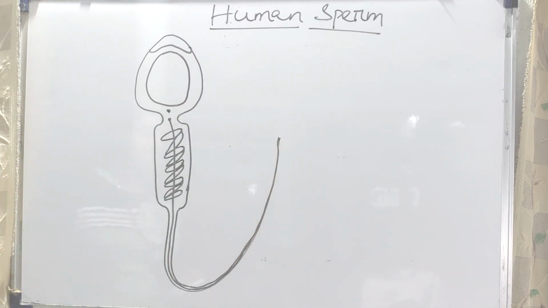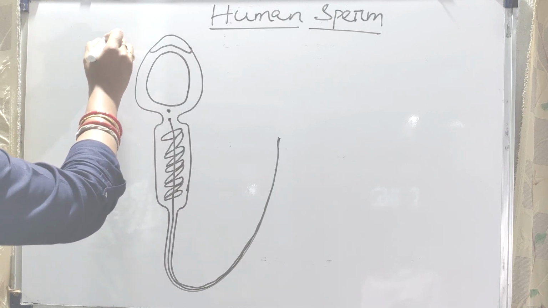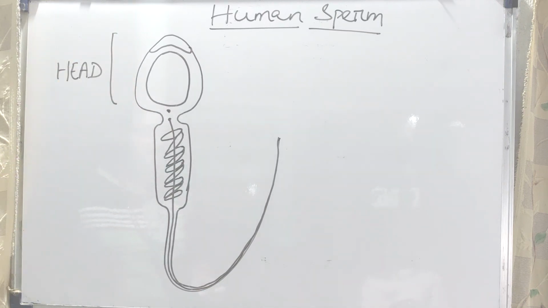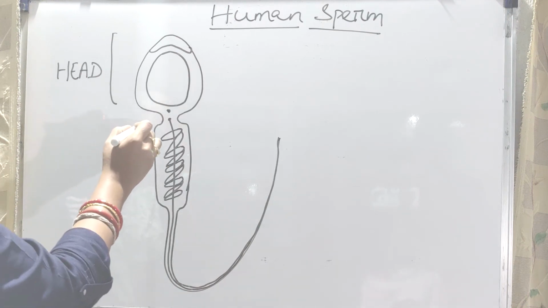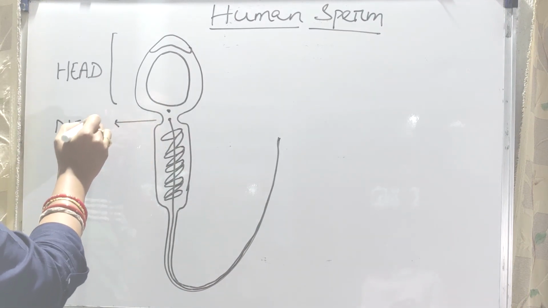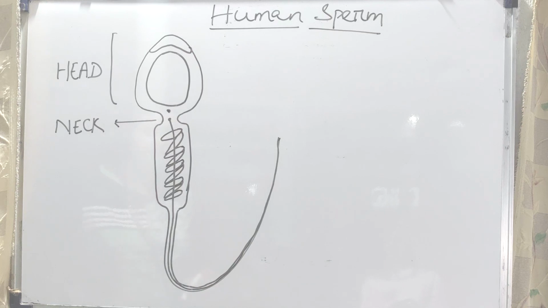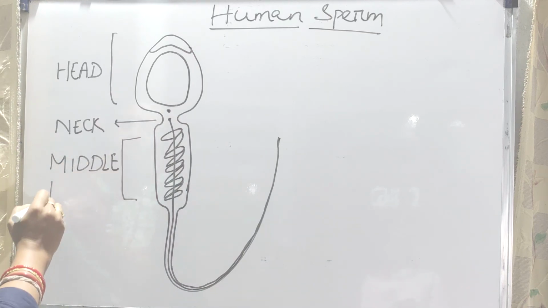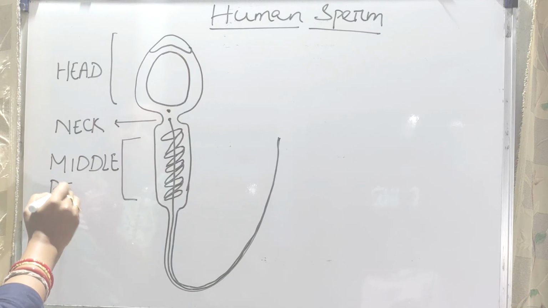Now let us label the parts. This is the head region. This is neck. This is middle piece.